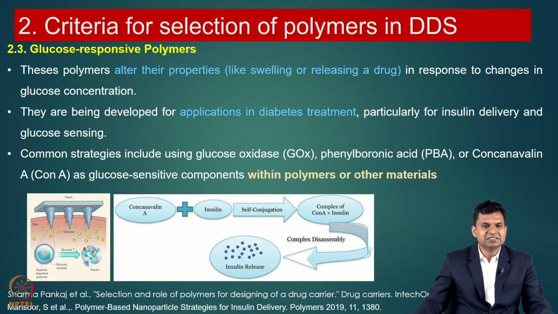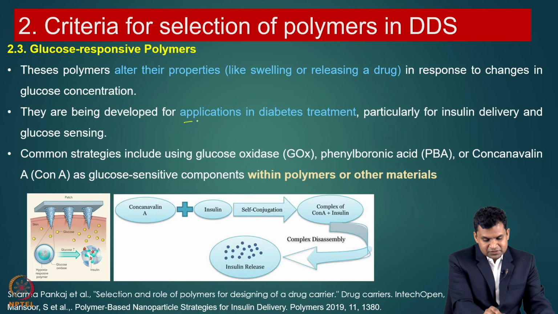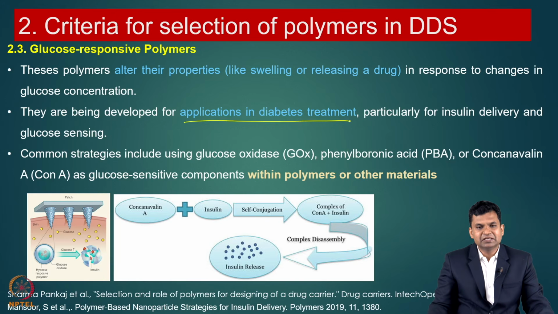And now we will see the third one, the glucose responsive polymers. Now, we use such polymers for the treatment of diabetes. There, the glucose level will increase in the body.